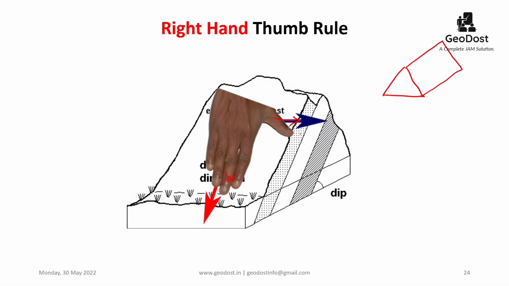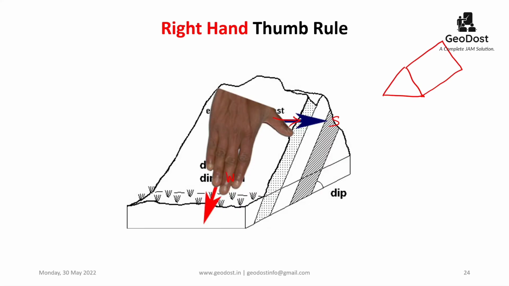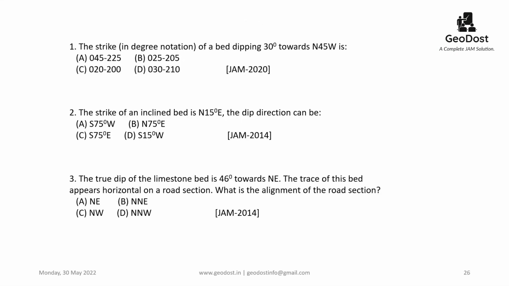So this will be your west direction and this will give you the south. Okay, so in this way you can be more exact to specify a planar structure. Okay, I think it is clear.